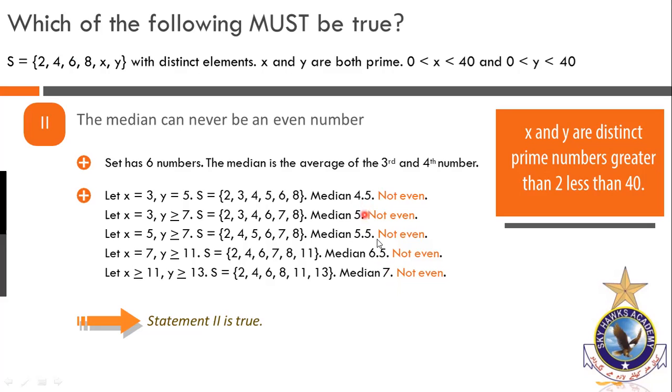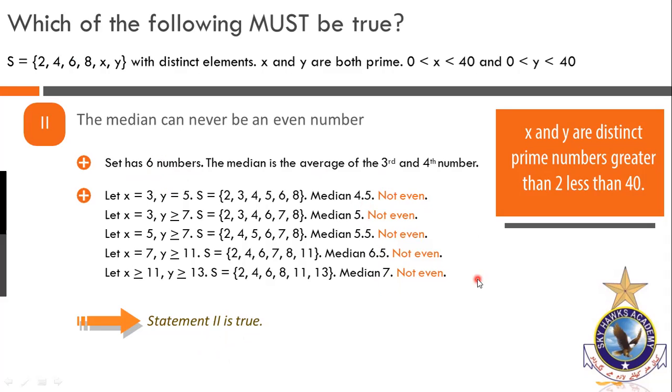So in all these cases, the second statement is true. What was the second statement? That the median cannot be even. Am I right? By all means, the second statement is true. The first is true by all means, whatsoever the values are, and that is the range can be greater than 33.